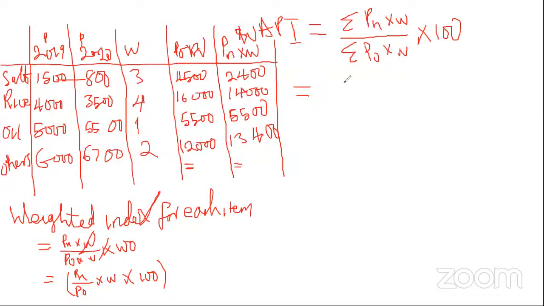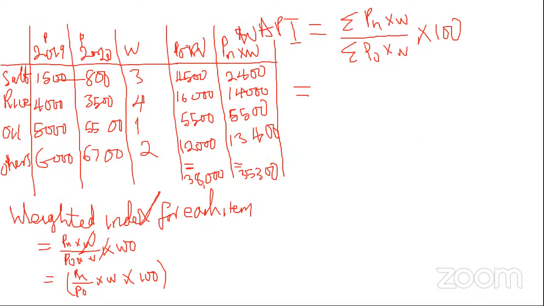For this first one, it is 38,000. Just 38,000. And then for this other side, it is 35,300. Okay.